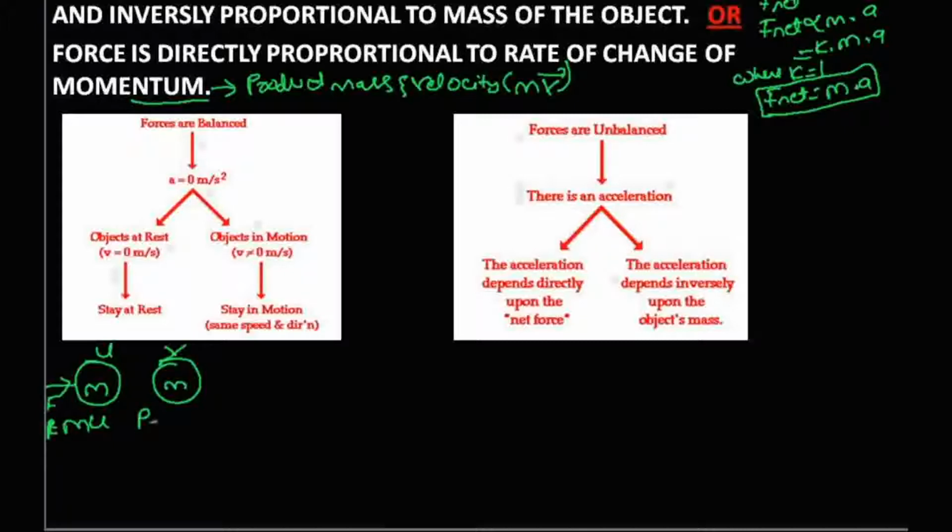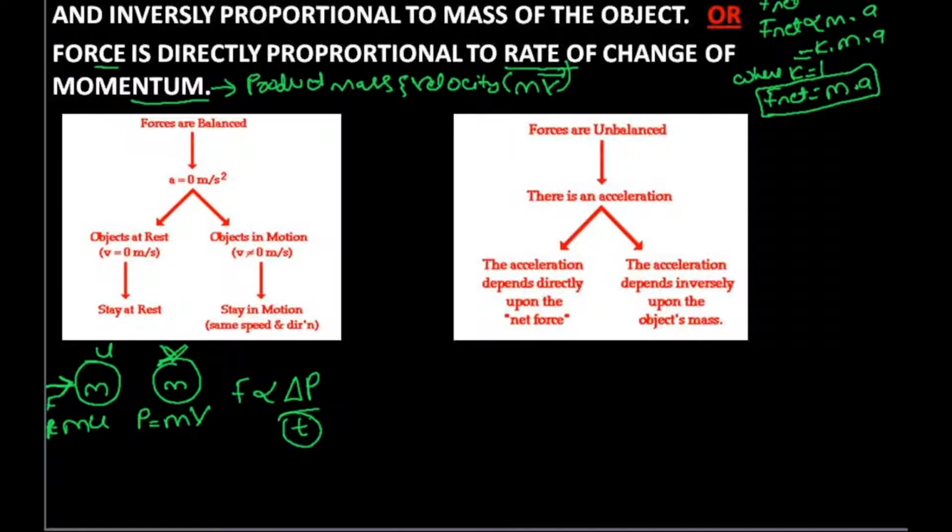Finally, after applying the force, the body has a momentum of P is equal to mv. As per the second statement, force is directly proportional to the rate of change of momentum. Rate of change means per second, so when it is defined with respect to time, it is called rate of change.